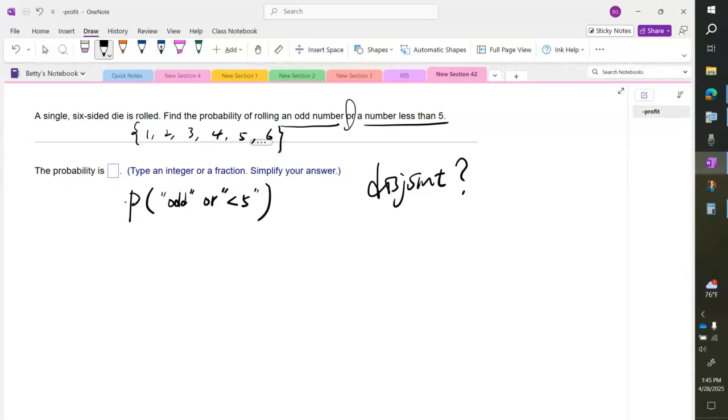Is it possible we roll a number that is an odd number at the same time less than 5? Yes, right? If we roll number 1, it is odd, it's less than 5. If we roll number 3, it's odd, less than 5. So it's possible for them to occur at the same time. So the two events are not disjoint.